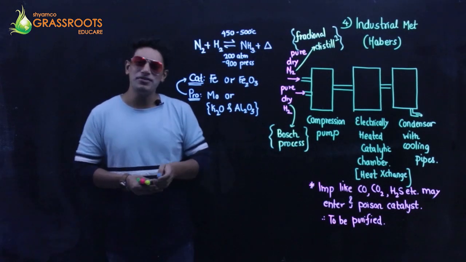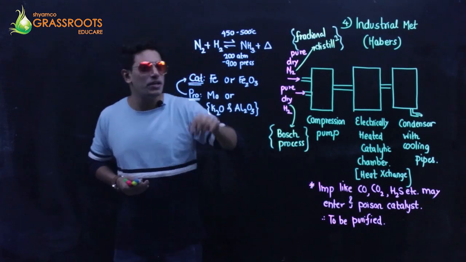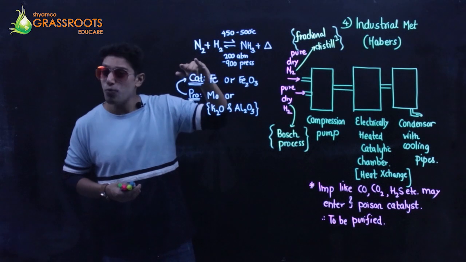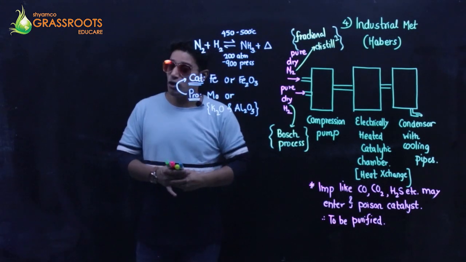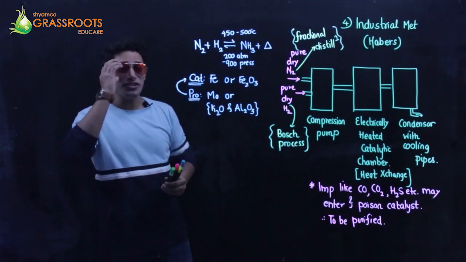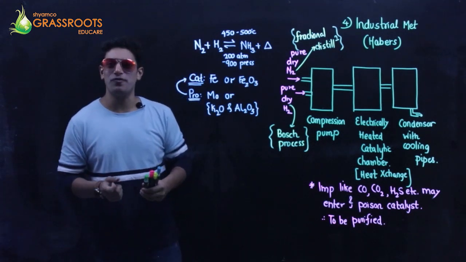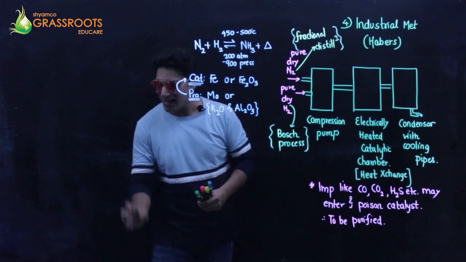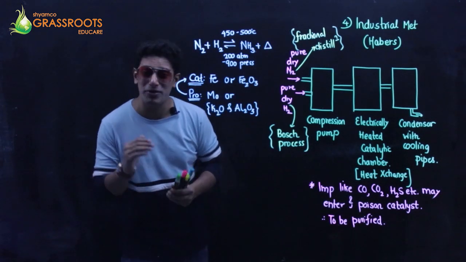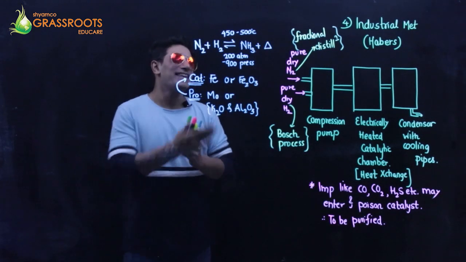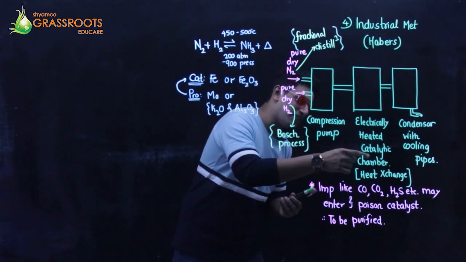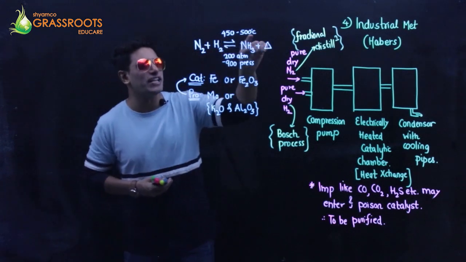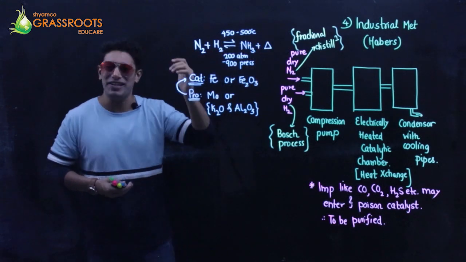Alright. Now what happens is, in the compression pump, nitrogen and hydrogen combine together. Not 100% combination, but yes, the majority of nitrogen and the majority of hydrogen at least come close together because of the external pressure. In the next chamber, which is the electrically heated catalytic chamber, the heating takes place and the reaction takes place.